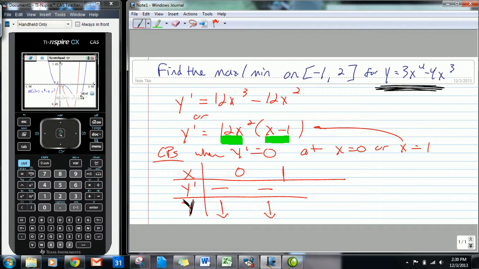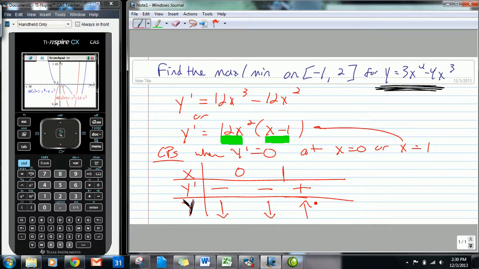And so after 1, my derivative, which is up here, here's 1, my derivative is positive. How do I know it's positive? It's above the x-axis. So what that tells us is after 1, the function will increase, right? And that's exactly what happens. So up until 1, it's negative, or at least from 0 to 1, and before 0. And then after 1, the derivative is positive. What that means, therefore, is that the function will increase.